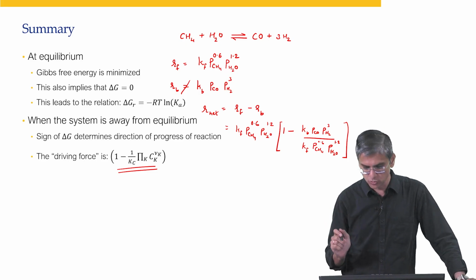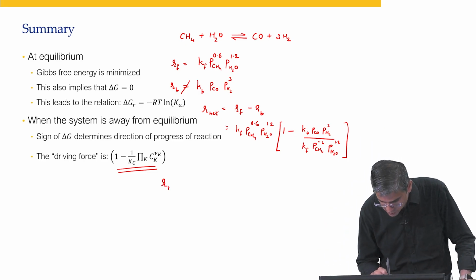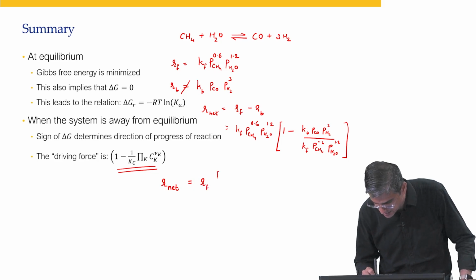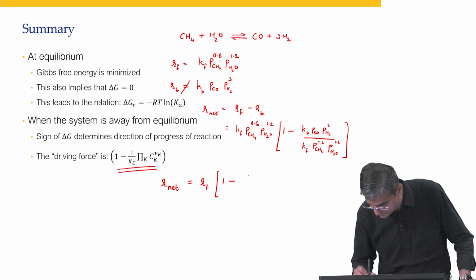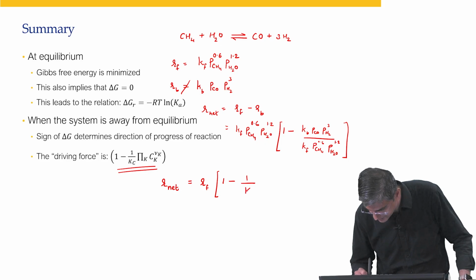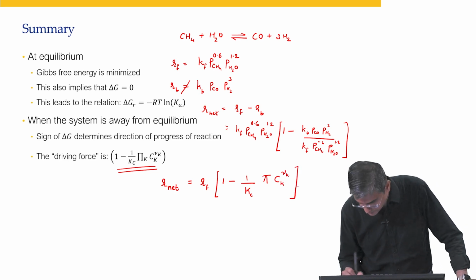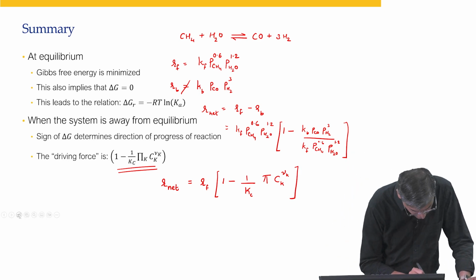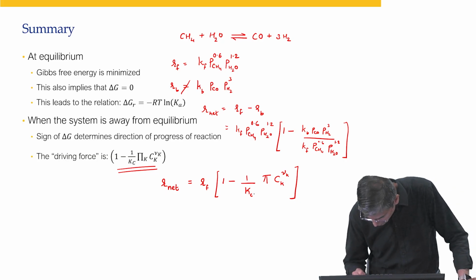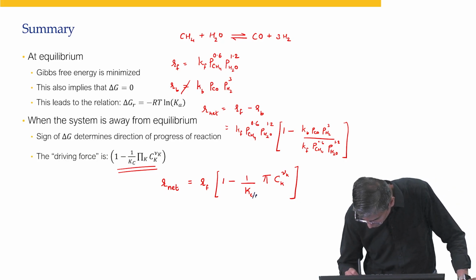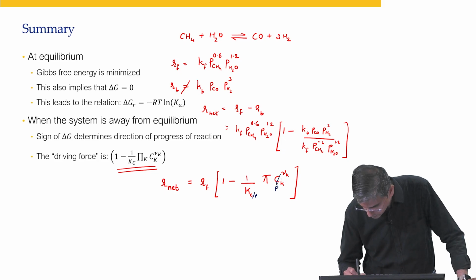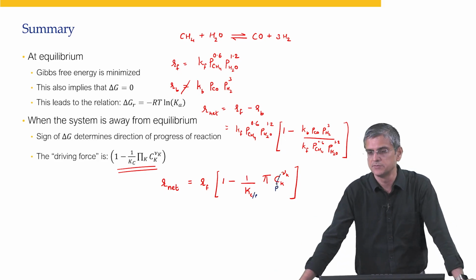The shortcut for you is that you should be able to put a reversible reaction's R net as R forward multiplied by 1 minus 1 by Kc, okay, or Kp multiplied by this.